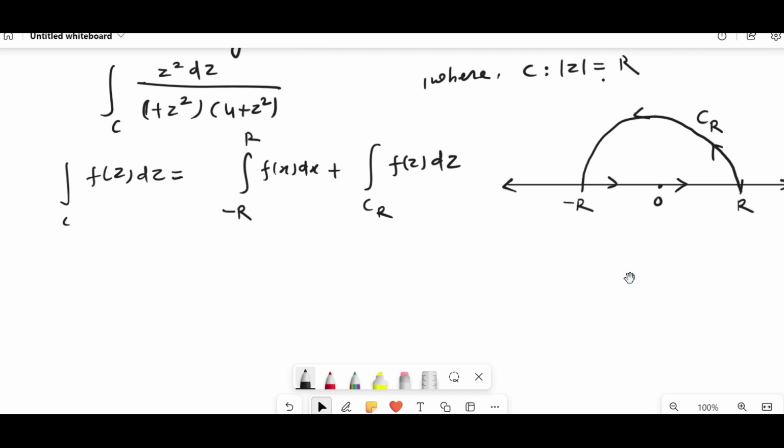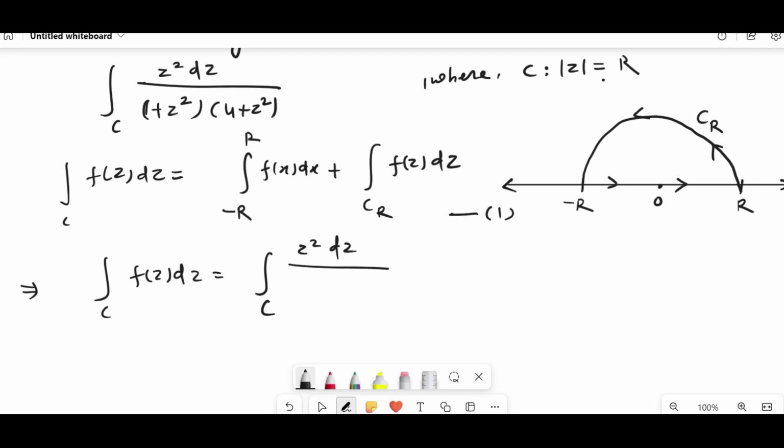Let us suppose this integral is 1. So now first of all we'll find the value of the integral of f of z dz, which is the line integral over the curve C of z square dz over 1 plus z square and 4 plus z square.